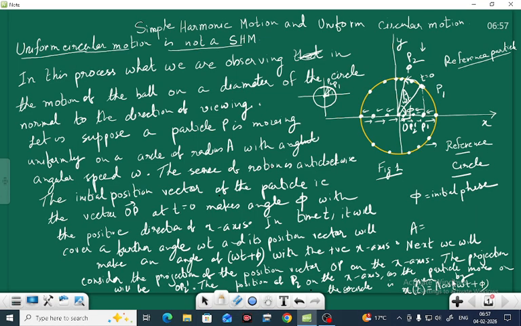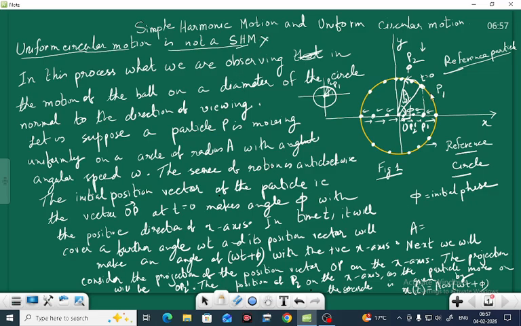So we learned that this a cos(omega t plus phi) defines the displacement of a particle, and it executes a simple harmonic motion only if we take this circle as a reference circle and this particle as a reference particle, only then. But uniform circular motion is not a simple harmonic motion. Remember that.